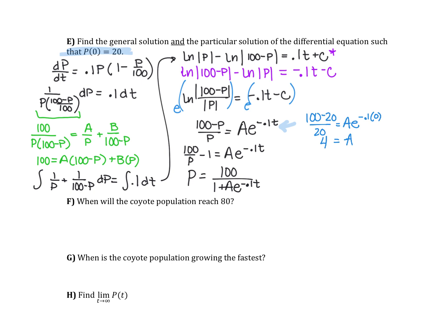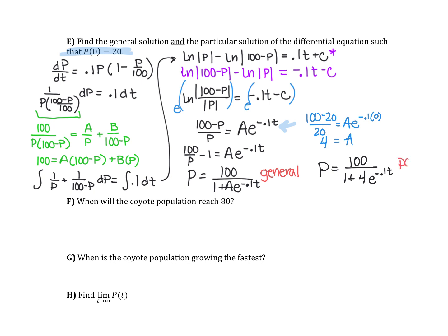So the actual equation, this is what we call our general solution. And our particular solution would be P equals 100 over (1 plus 4 e to the negative 0.1 t).